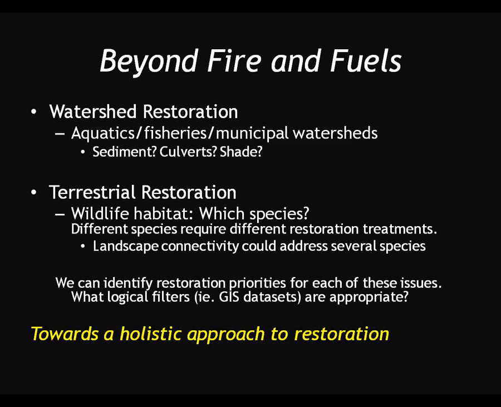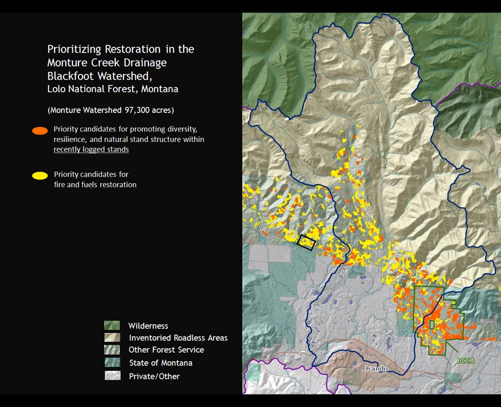And so I'll give you an example here of some other approaches. This is, again, getting towards more of a holistic approach to restoration, so we're not only addressing a single facet of it, but we can apply this type of tool to a range of issues and then look for the overlap among them.